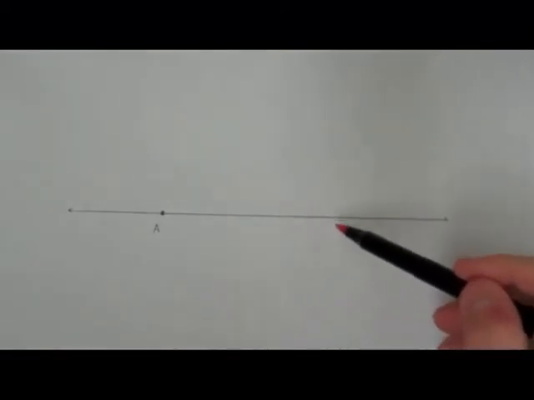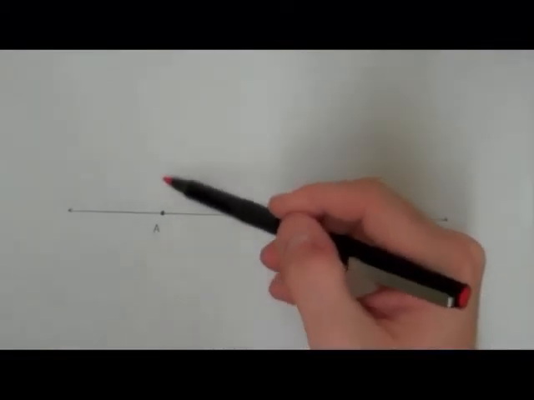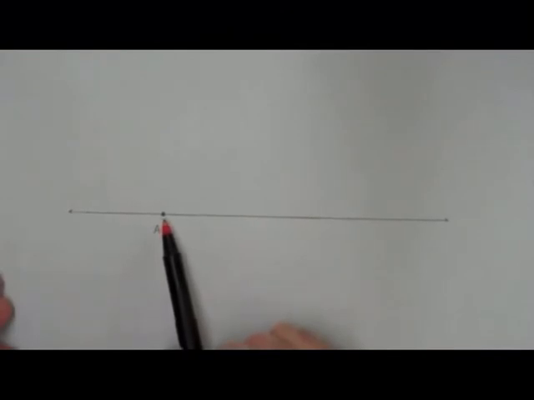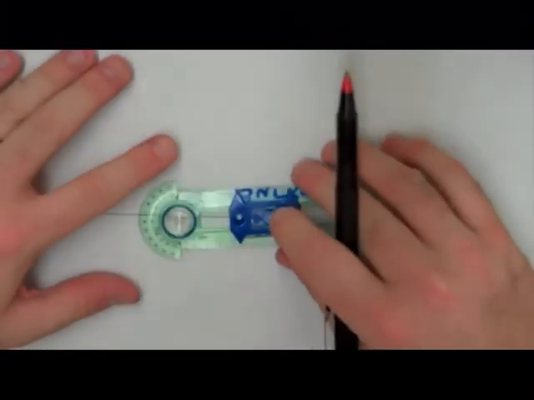Here's the next one. This is the construction for perpendicular line to a given line and through a point on that line. What I want to do is I want to use what I know about constructing a perpendicular bisector to actually do this construction. And in order to do that, I need to create a segment such that A is the midpoint of that segment.